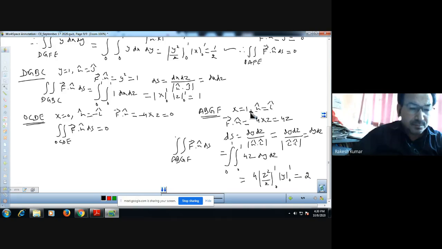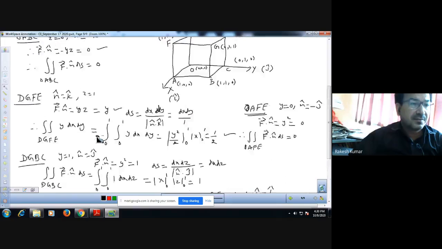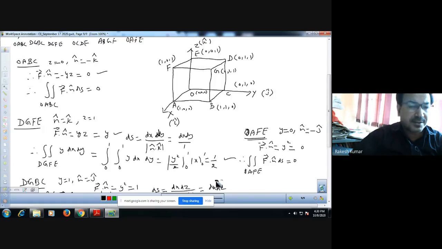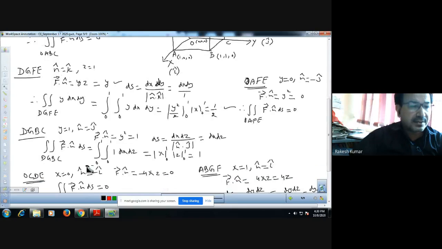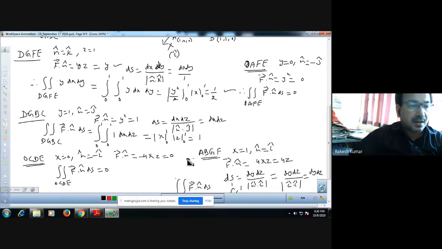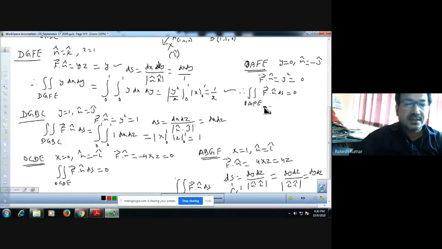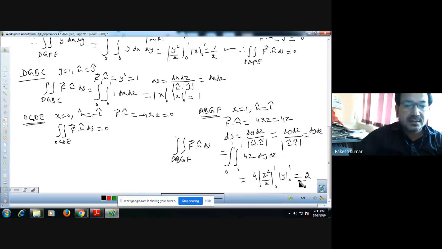So now you have the surface integral along the 6 faces. First face has 0 surface integral, second face has 1 by 2, third face has 1, and the fourth face has 0, fifth face also 0, and this has 2. So you can add up all the values.